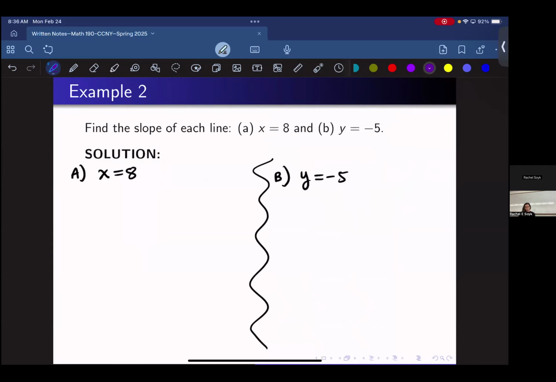All right, so let's practice drawing out some vertical and horizontal lines. So our first one is we want to find the slope of x is equal to 8. Is this a vertical or is this a horizontal line? Yeah, it's vertical, which means what's our slope?